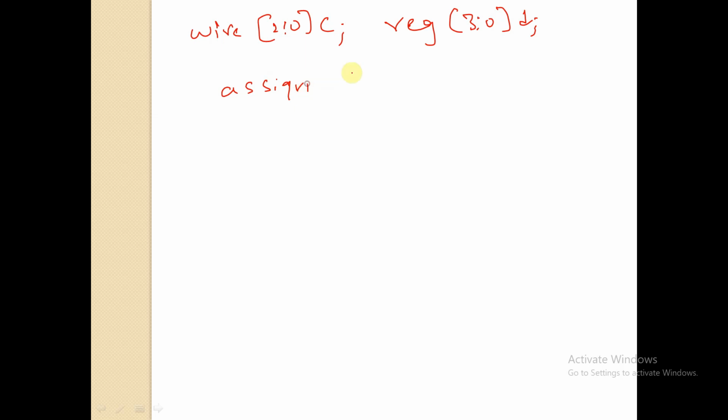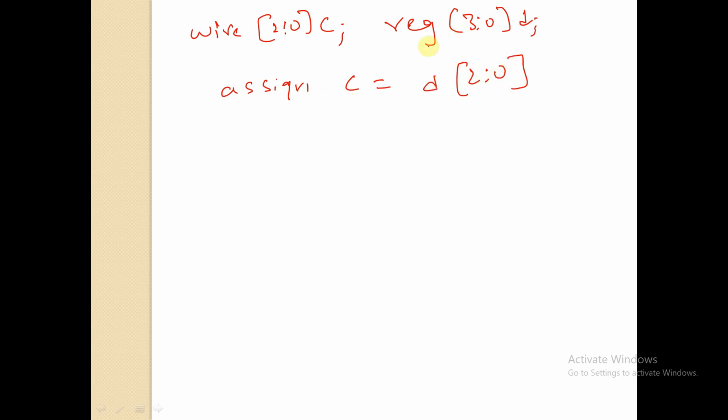So suppose I have declared wire 2 down to 0 C and reg 3 down to 0 D, and I want to assign the value of D into C, then I will write assign C is equal to D of 2 down to 0.